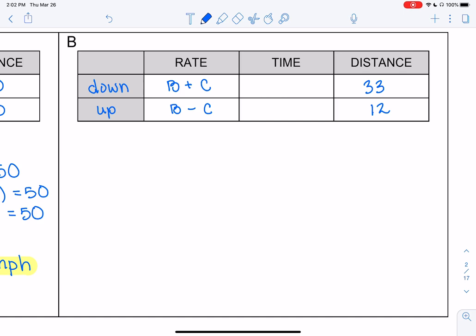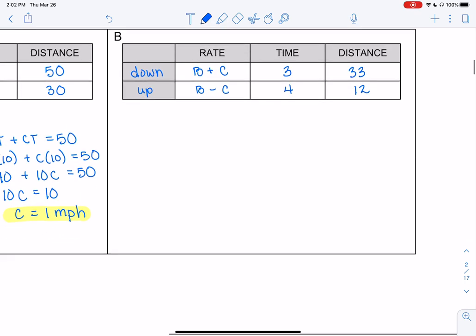Okay, so listening to this again, 33 miles downstream in 3 hours, but it required the 4 hours to go 12 miles upstream. All right, so there are my time values, and I don't have my boat rate or my current rate. So what I see here is all I have. Okay, now I'm going to write the equations based off of the chart.